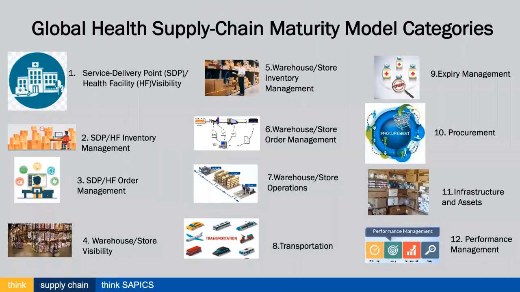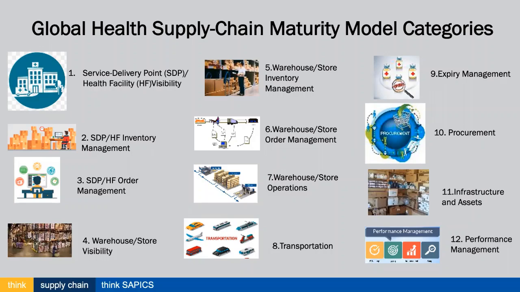The Global Health Supply Chain Maturity Model has 20 categories, and all of these categories are linked to SCORE principles, which I'll show you later. We have a service delivery point from a health facility visibility.